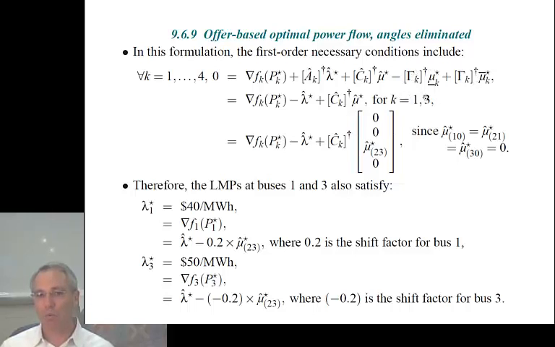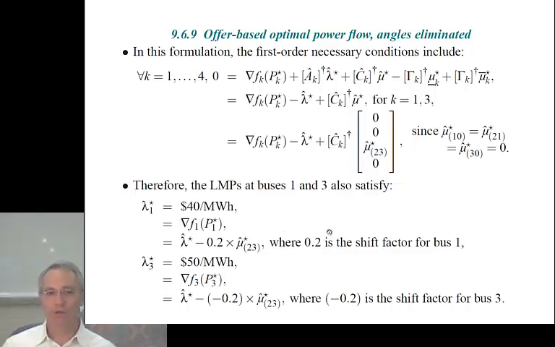Again, for generators 1 and 3, the upper and lower bound Lagrange multipliers are 0, and we've already calculated these particular shift factors, and notice that the only non-zero term in this vector mu hat star is the term mu hat star 2, 3. So this will pull out the third term in the column of C hat k.